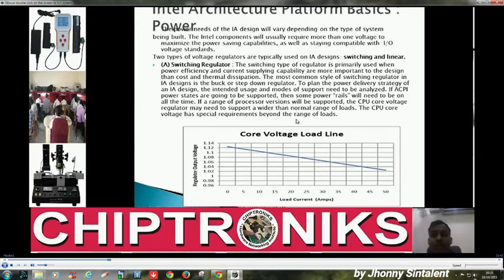In most regulators the output is fixed, right? Whereas in the core voltage regulator it can vary from 1.12 volts to 1.02 volts or maybe lower, depending on the processor type used. Because as the load increases, that is, as the graphics intensive work increases, there can be a decrease in CPU core voltage, right? This is one difference.